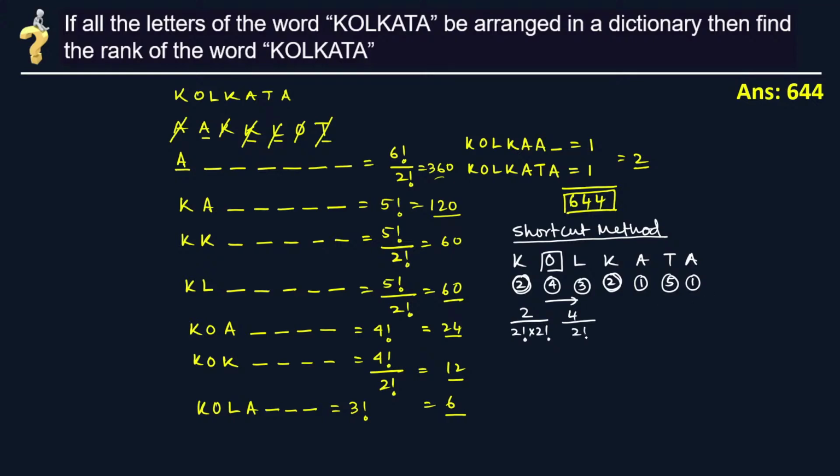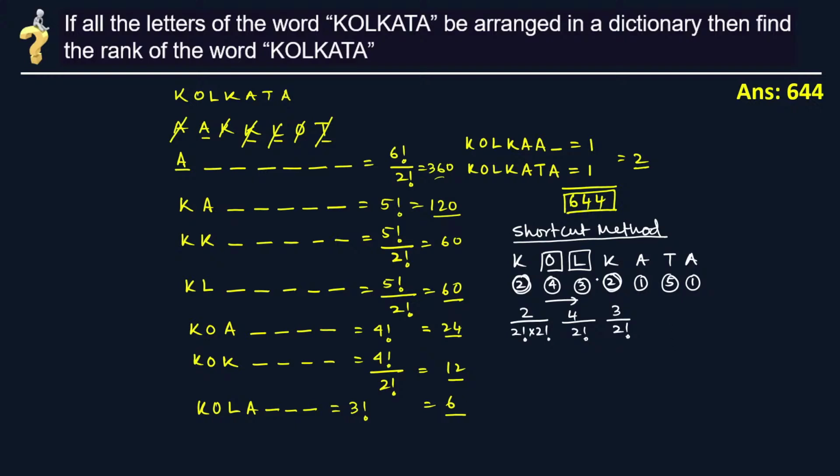So divided by factorial 2. Then we are considering number 3. That is the alphabet L. Now how many alphabets are there in the right hand side whose number assigned to it is less than 3? There are 3 such numbers. So it is 3 divided by 2 ones are identical. So divided by factorial 2.